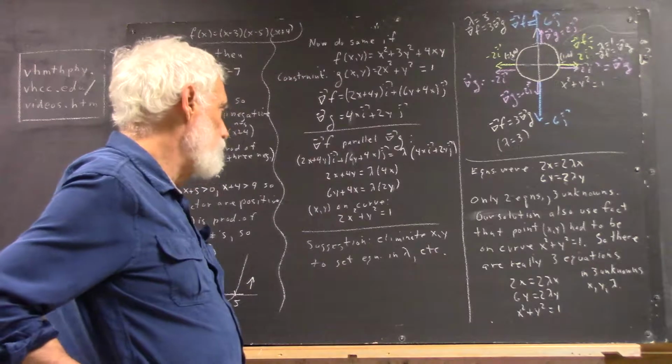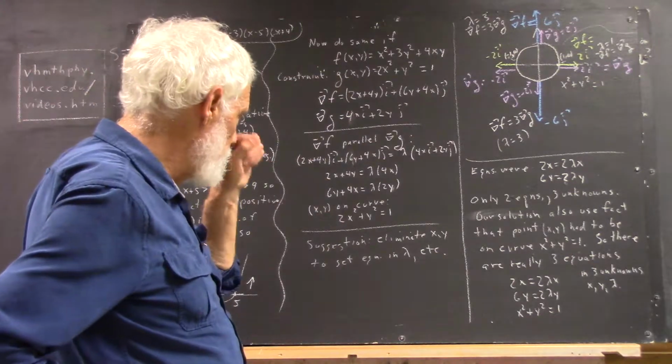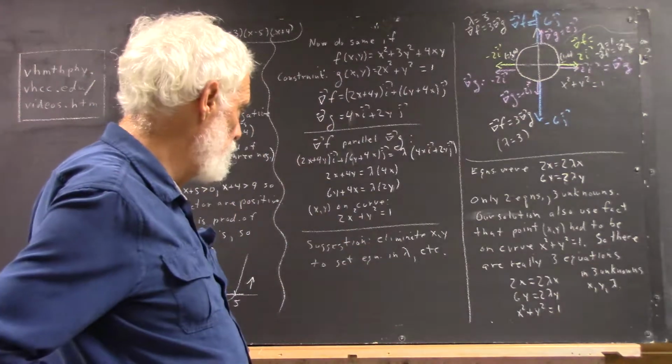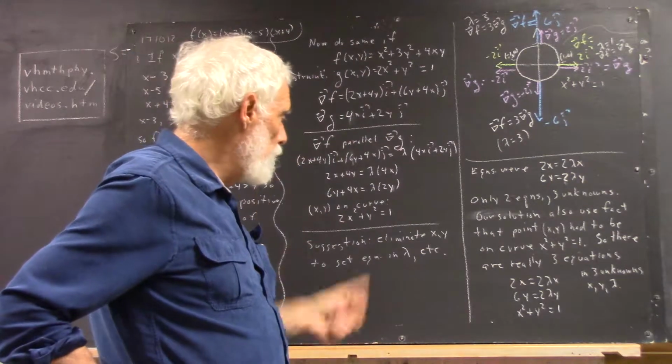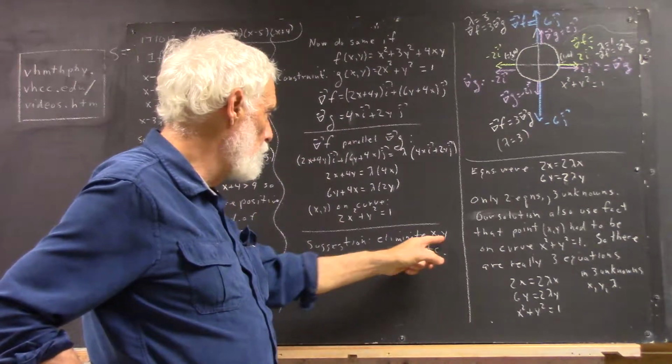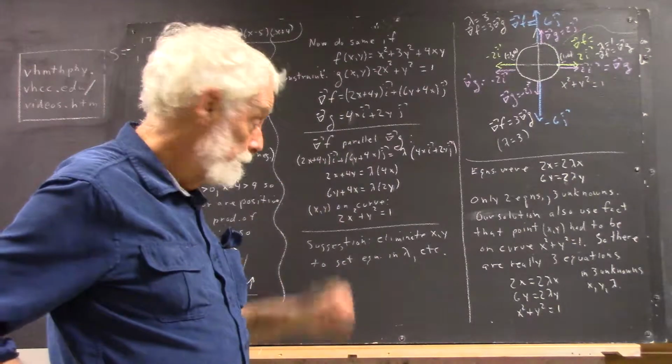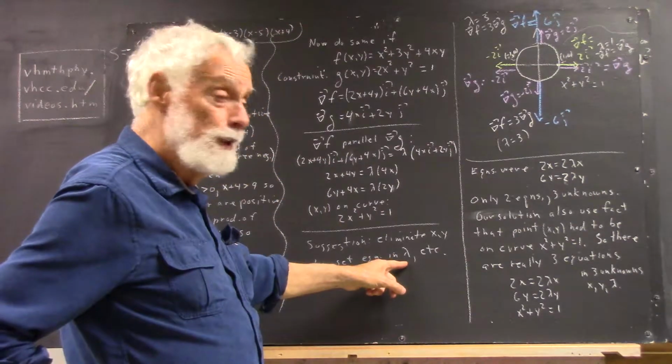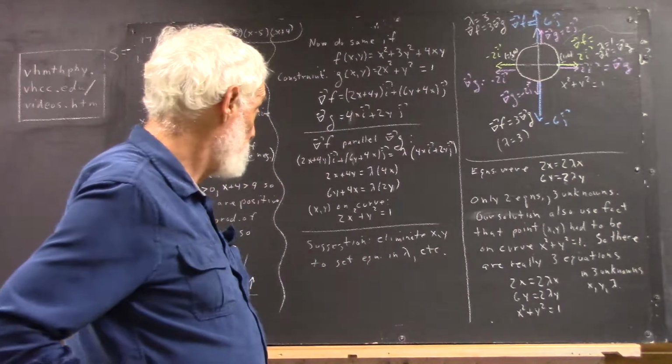Now I suggest that you solve these equations, because we don't have time to do it, and I kind of want you to do it yourself anyway. We solve these equations by eliminating x and y from the three equations to get an equation in just lambda.